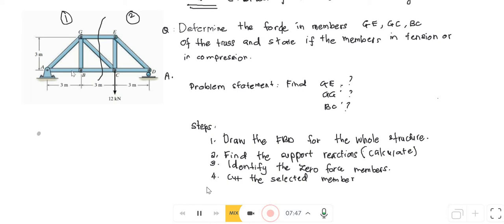Okay, step number 5. We need to draw the FBD for the selected section.